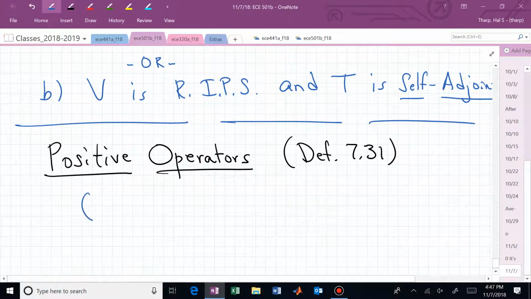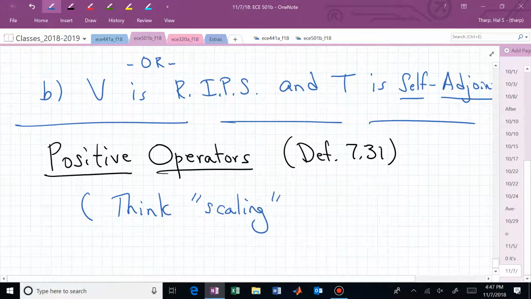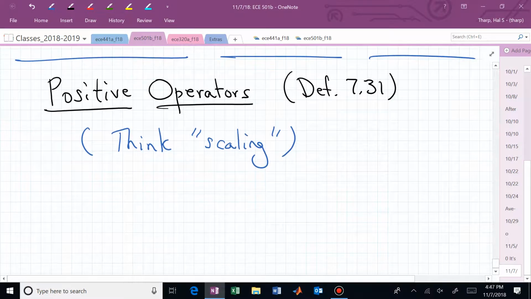What I like to think of is the notion of scaling when we're thinking about positive operators. How do these contract or expand a vector?